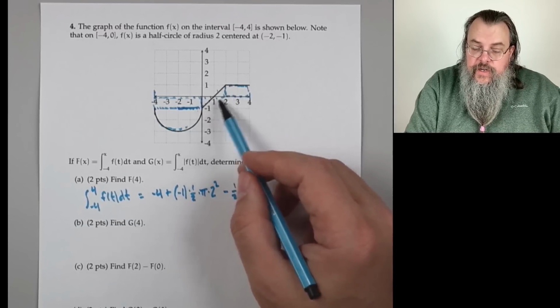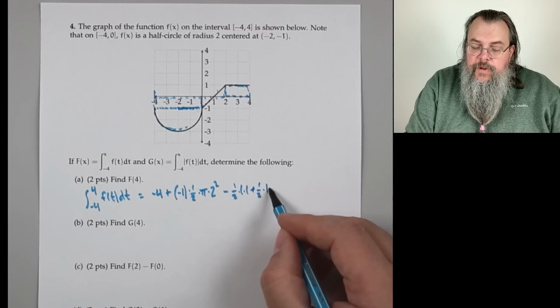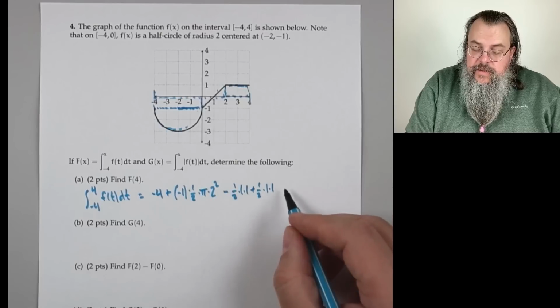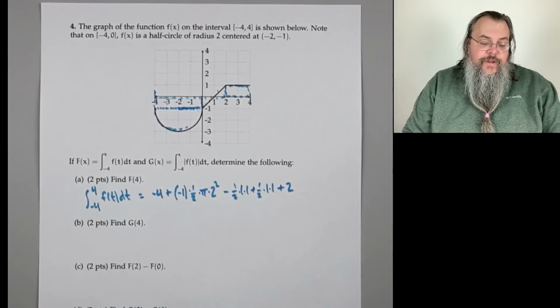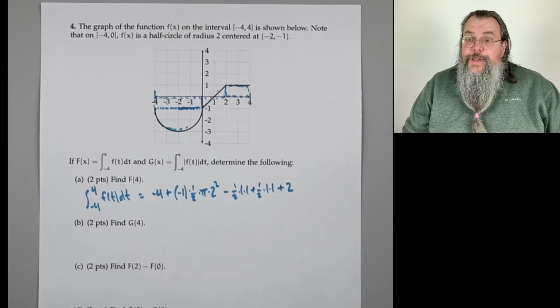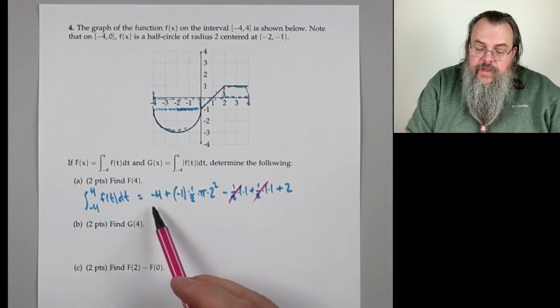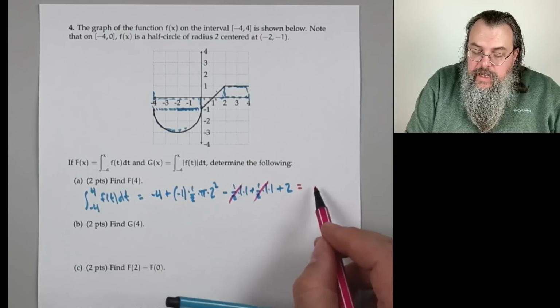Here, there's a triangle, 1/2 base height, so it's a 1/2, 1, 1, but now it's positive, and finally there's a little 1 by 2 rectangle, so that's a +2. All right, well, what happens? We clean some things up. So these cancel, which is great. 2 minus 4, would give us a negative 2.